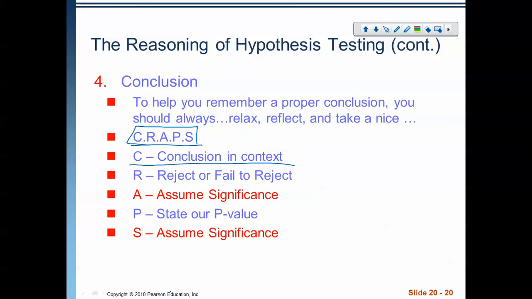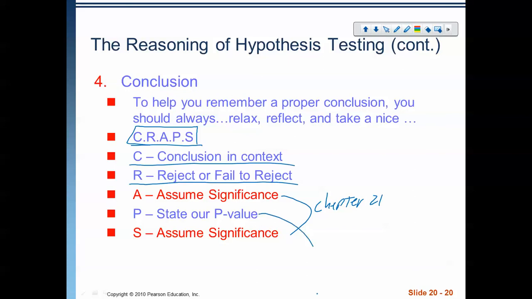Whatever we write about, it has to be in context. The R, we need to reject or fail to reject the null hypothesis. We have to state that in there. A, assume significance. We're going to talk about in chapter 21 exactly what this means. Basically, though, it's talking about what's the threshold we're using to reject or fail to reject. Again, future topic, we'll do more.